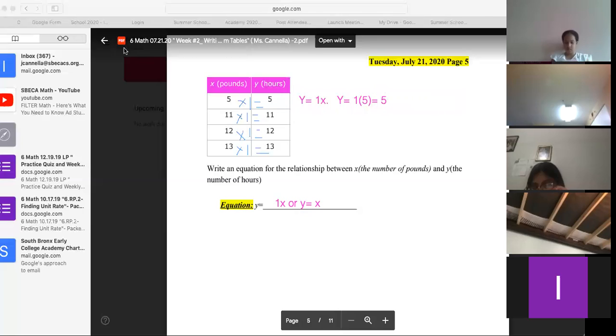Next one. We got y equal 1x, y equal 11 por 1 son what? 11. Correct so far. 12. Tell me what to write here, Jerickson. ¿Qué escribes en el paper? Y equal what?